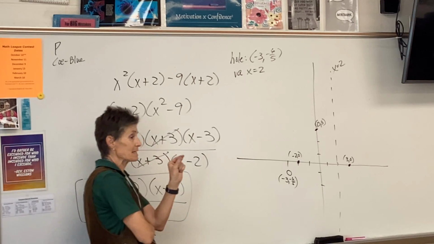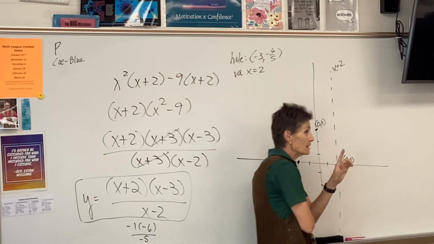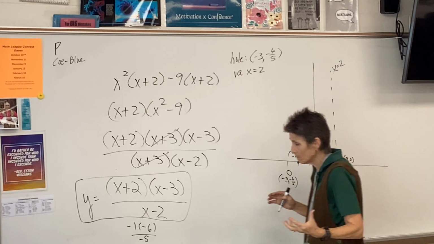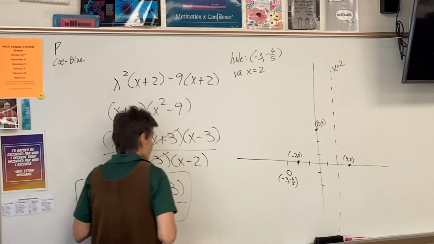Notice I didn't say horizontal. End behavior asymptotes can be horizontal if what? The powers match or the bottom one's bigger. But when the top one's bigger, I'll have an end behavior asymptote, but it won't be horizontal, it will be a slant, right?